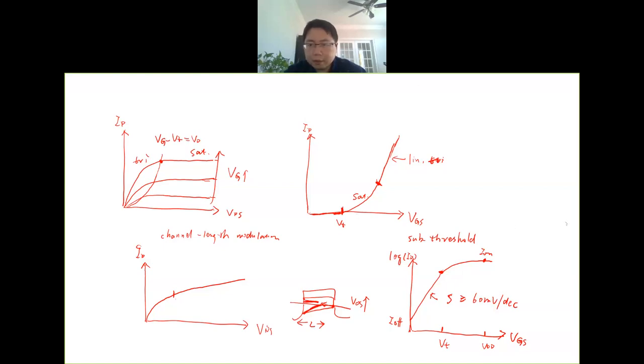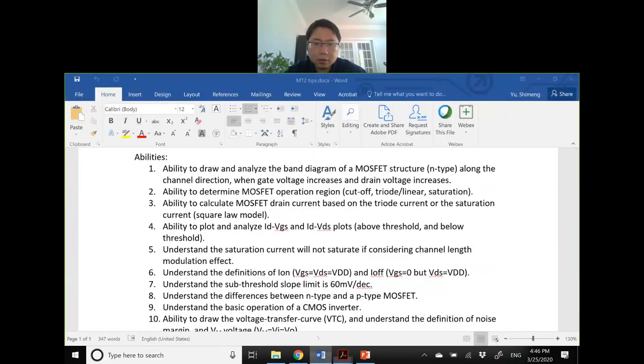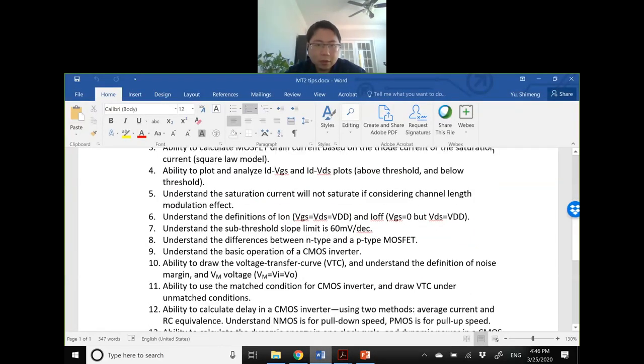Let's go back. Here we said the saturation current is no longer saturated if you consider the channel length modulation effects.